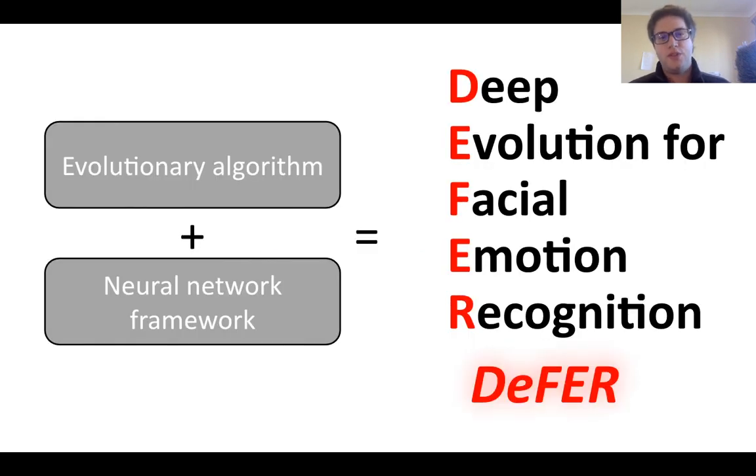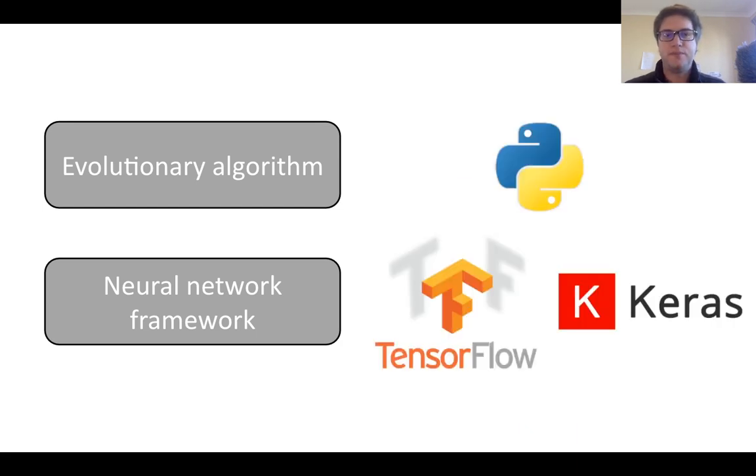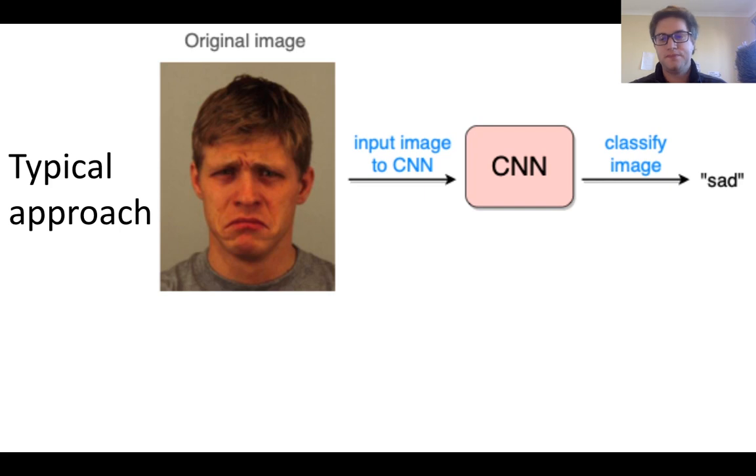So we propose to use evolutionary algorithms and neural network frameworks to create the deep evolution for facial emotion recognition, DEFA. The proposed algorithm was built using Python and TensorFlow and Keras.